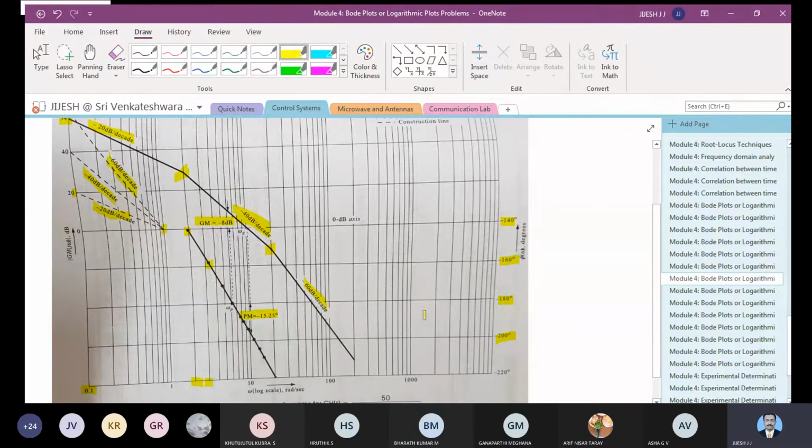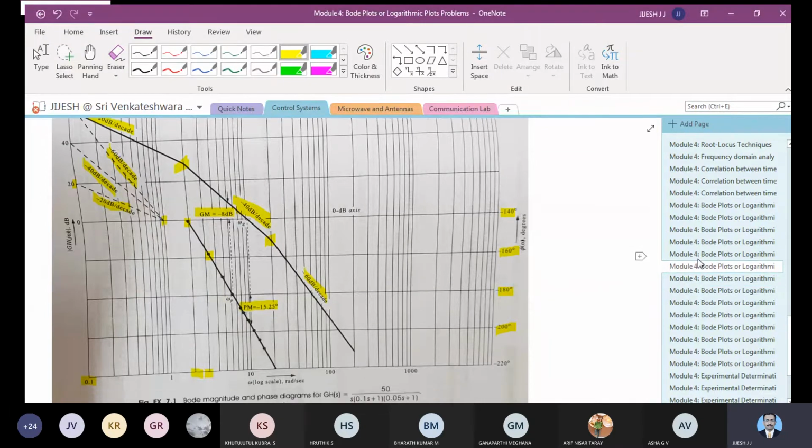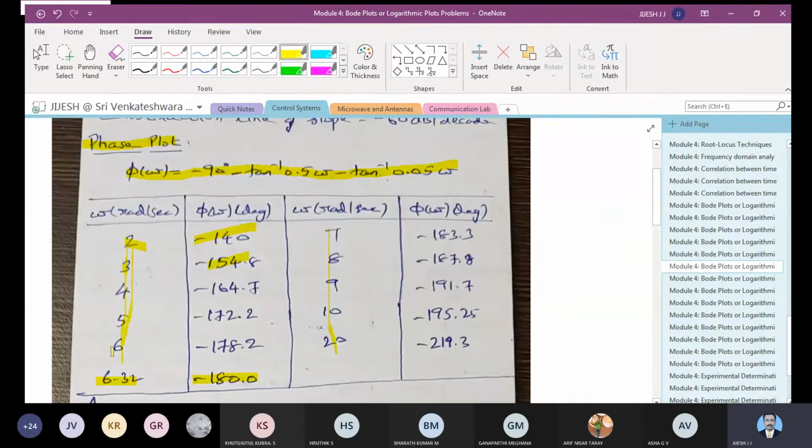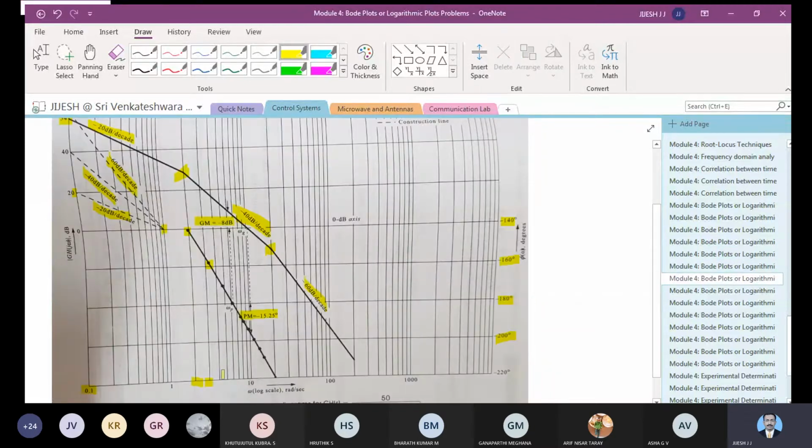Then the next values: 4 you plot, 5 you plot, 6 you plot, and somewhere around 6.32 I will get minus 180 degree. So somewhere around 1, 2, 3, 4, 5 and 6 will come somewhere here, and 6.3 will come somewhere this side.